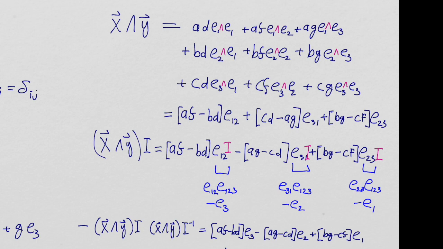So to make contact, if we take the dual of this wedge product, by throwing an I over here in each case, the dual of a bivector is a vector in 3D algebra. The dual of a bivector in spacetime algebra is another bivector, right?